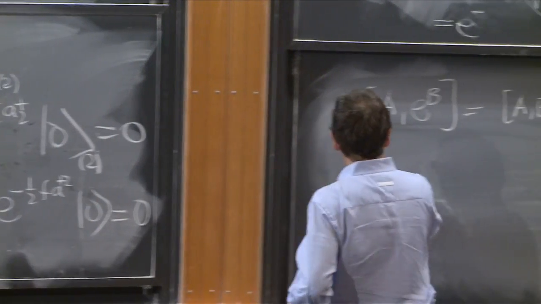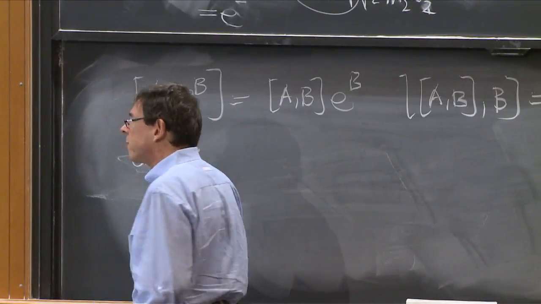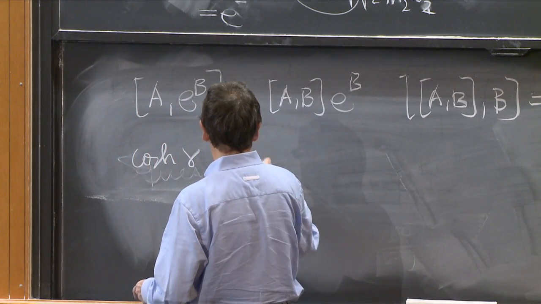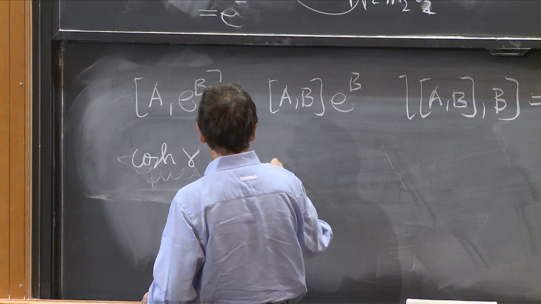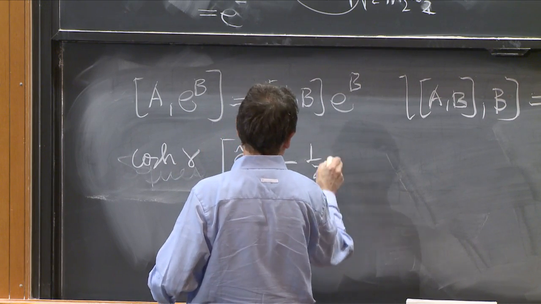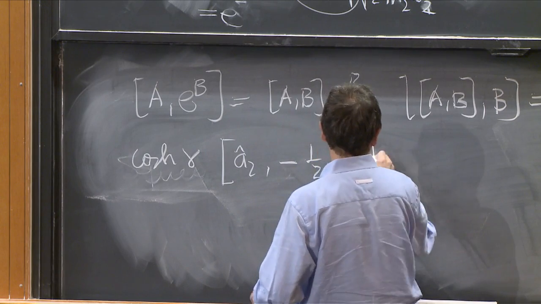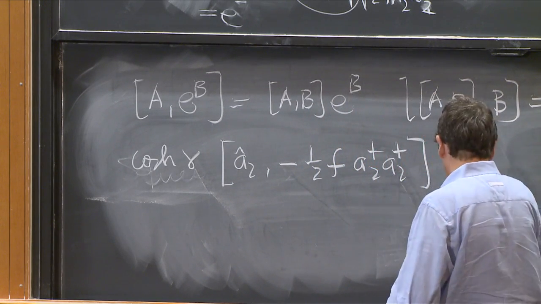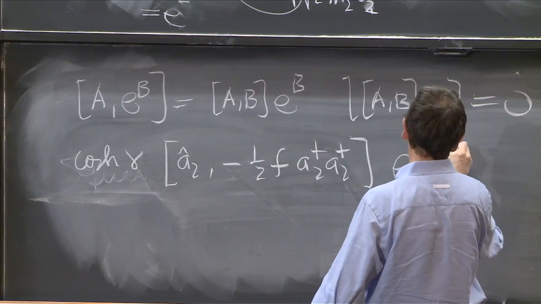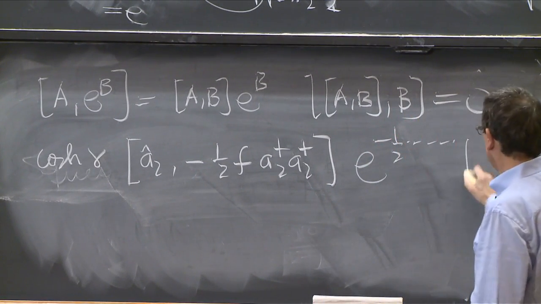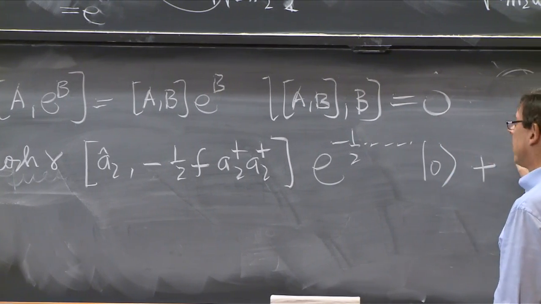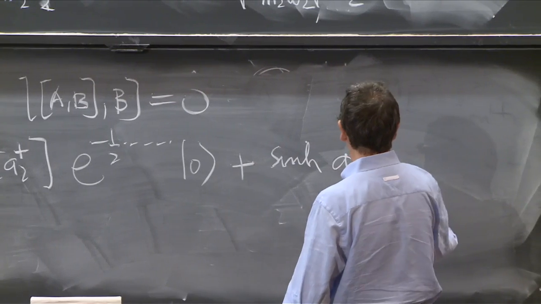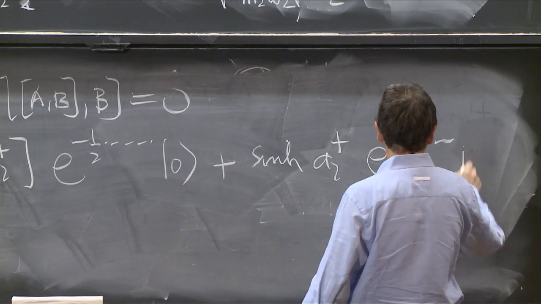We get cosh gamma, and then we just get the commutator of A2 with minus 1/2 F A2 dagger times the whole exponential, I won't write it, times the vacuum, plus sinh gamma times A2 dagger times the whole exponential times the vacuum.